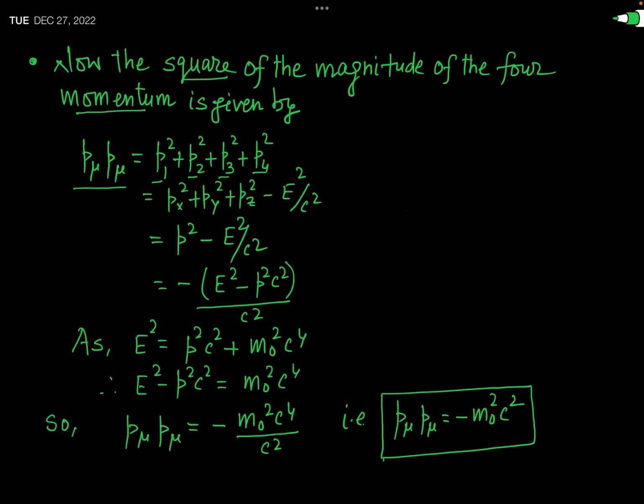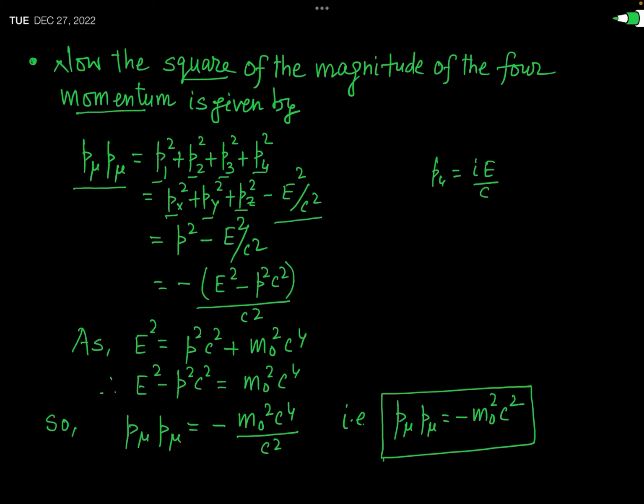But you have just seen that P1 is equal to Px, P2 is equal to Py, and P3 is equal to Pz, and P4 is equal to iE over c. So when you square it, i square will be equal to minus 1. So the fourth term is minus E square by c square.